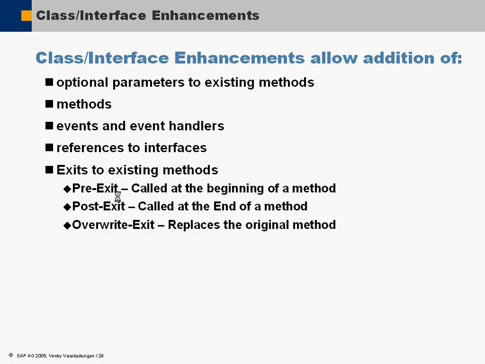That is, if you have a method, before executing the method and after executing the method, if you want, you can have your own code to be called, and that is called pre-exit and post-exit. You also have something called override exit, and this will override the definition of the original method, and the new override exit will be invoked instead of the old method.